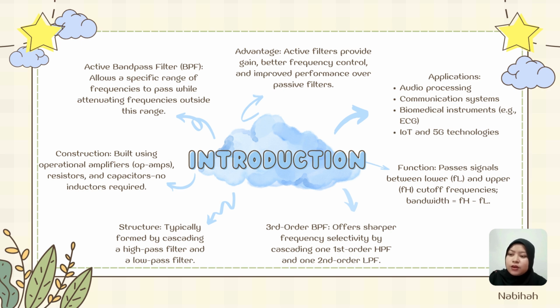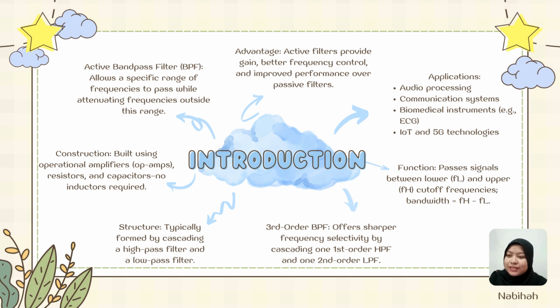This is achieved using an operational amplifier, resistors and capacitors. This filter is essential in many electronic systems, especially in signal processing, where only a specific range of frequencies needs to be isolated. Common applications include communication systems, biomedical devices like ECG machines, and audio systems.